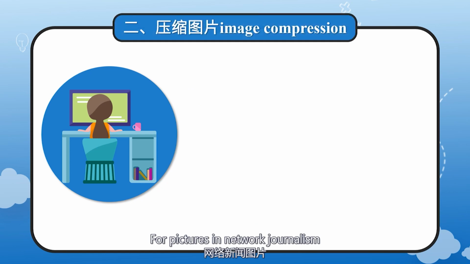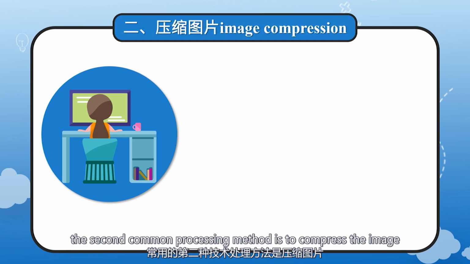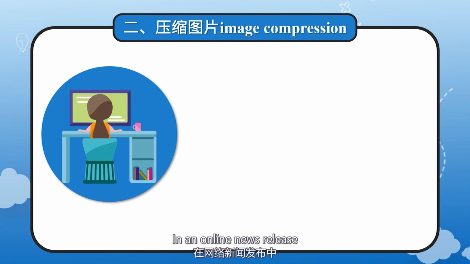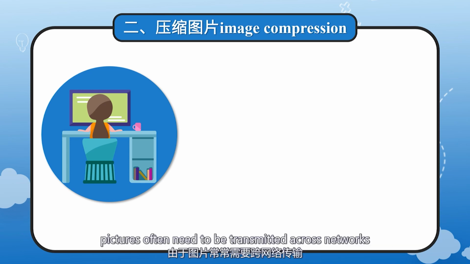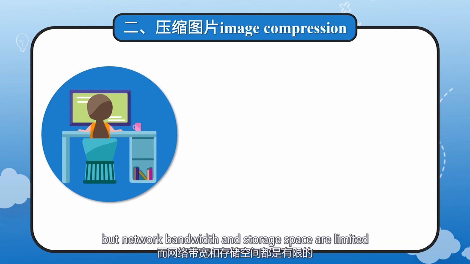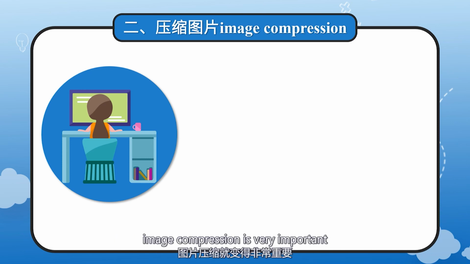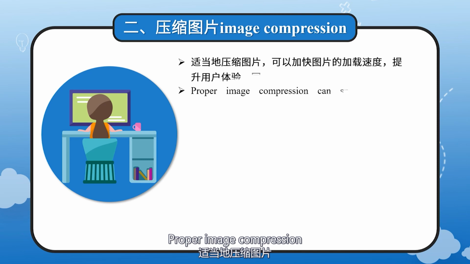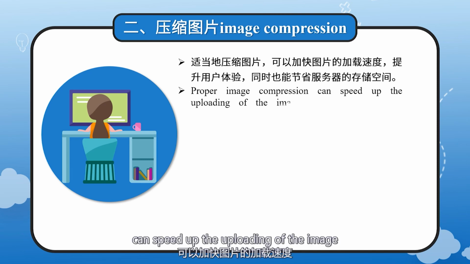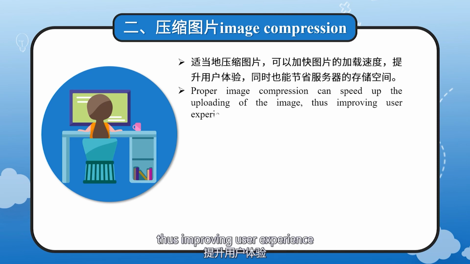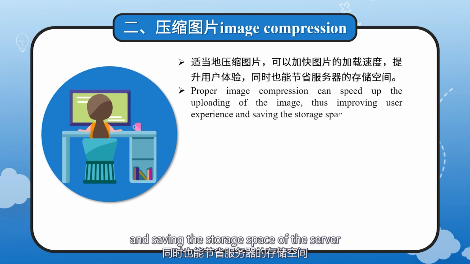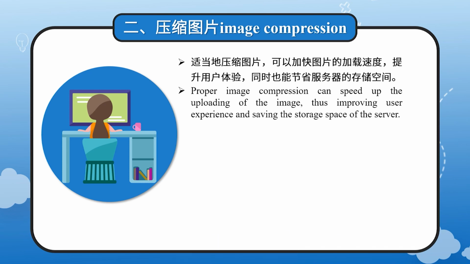For pictures in network journalism, the second common processing method is to compress the image. In an online news release, pictures often need to be transmitted across networks, but network bandwidth and storage space are limited. Therefore, image compression is very important. Proper image compression can speed up the uploading of the image, thus improving user experience and saving the storage space of the server.